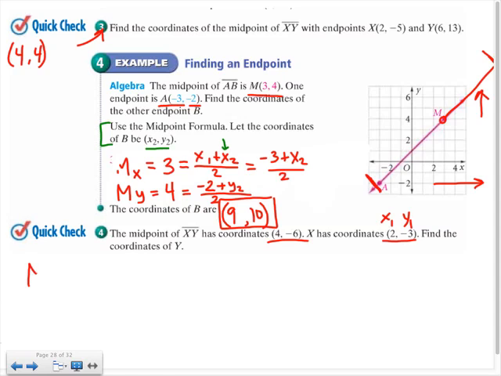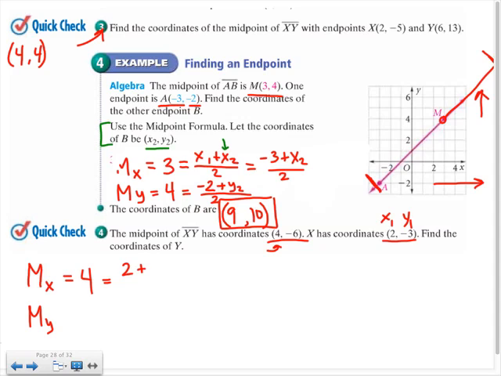And I should also break it down into its two component parts, the x midpoint and the y midpoint. I know that the x midpoint, which in this case equals 4, that's given to me, is equal to the average of the two x-coordinates. I know that the first x-coordinate, x1, is +2.